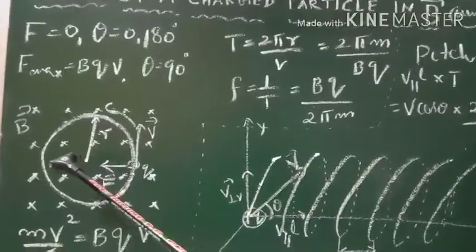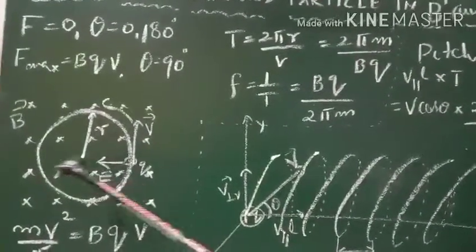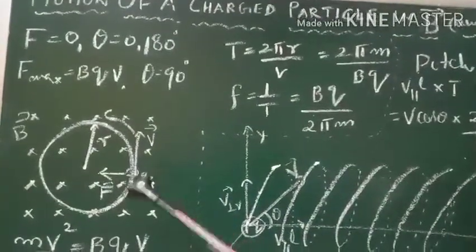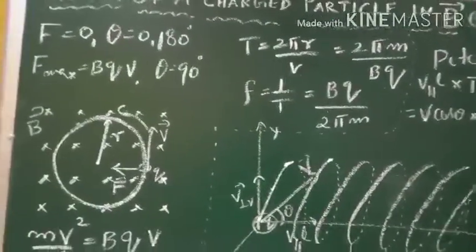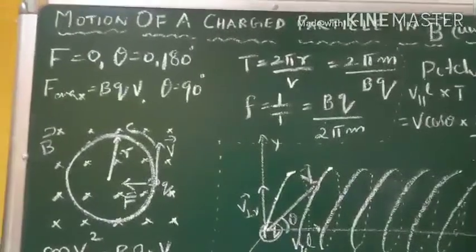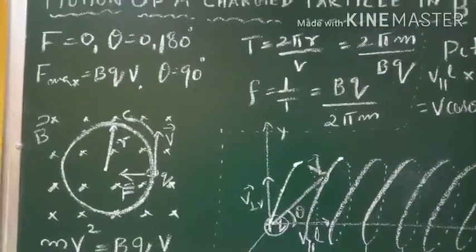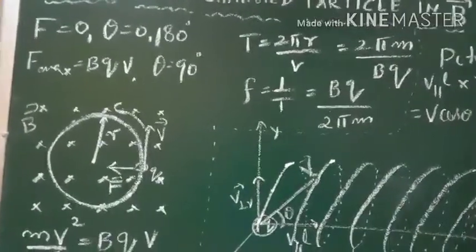In that field, the charged particle has entered perpendicular to the magnetic field. So when theta is 90 degrees, sine 90 is 1, so the maximum force is experienced. F is equal to BQV. Okay. So the maximum force is experienced.